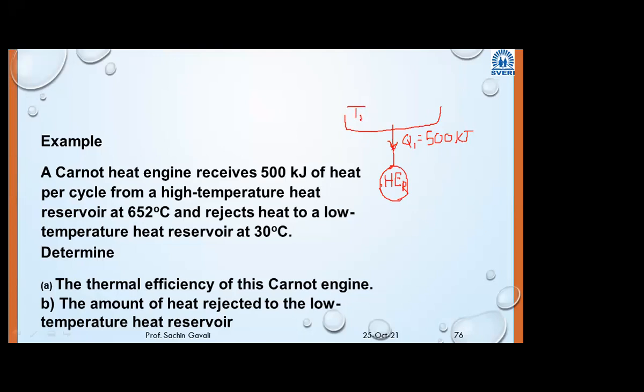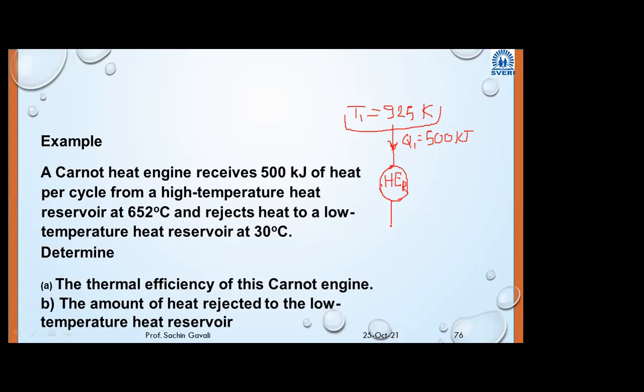T1 is equal to 652 plus 273, in Kelvin, which is 925 Kelvin.